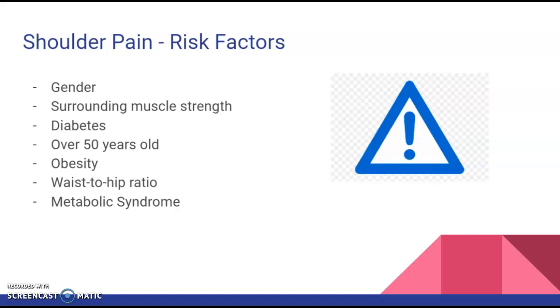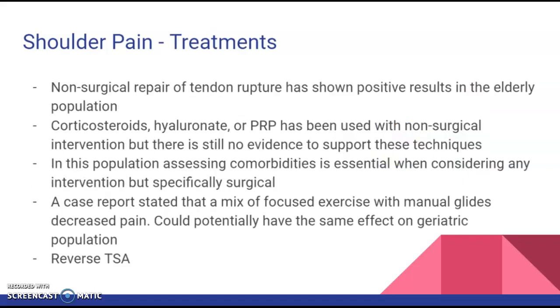Diabetes, age, obesity, waist to hip ratio, and metabolic syndrome are all also risk factors. So really, the more unhealthy the population is and the more comorbidities, I know it's not rocket science, but those patients are going to be more susceptible to pain coming on.